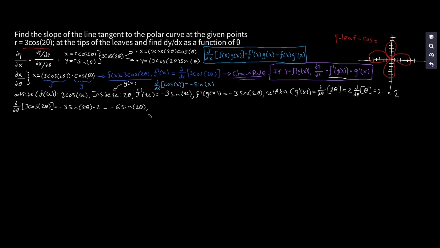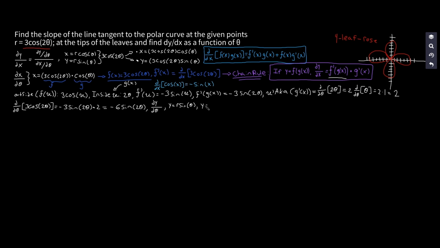Okay, but now, at this point in time, we need to find the derivative of y with respect to theta. And we're going to use our identity. Y equals r times sine of theta. And we're just going to substitute r into that.